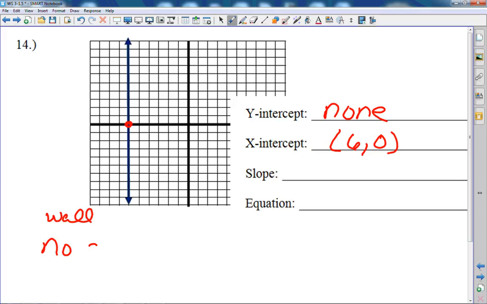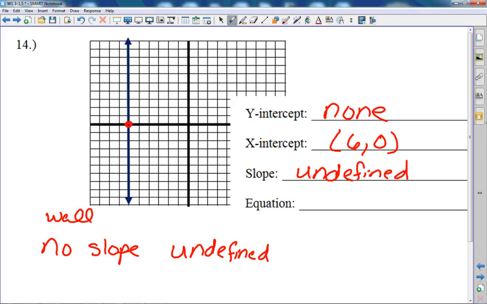No. So there's no slope. What do we use for no slope? Undefined. So when it asks us for the slope, we're going to write undefined. And remember, I can also say undefined because this can make a U. The equation, since this is the x number and it goes up and down, it's x = 6.